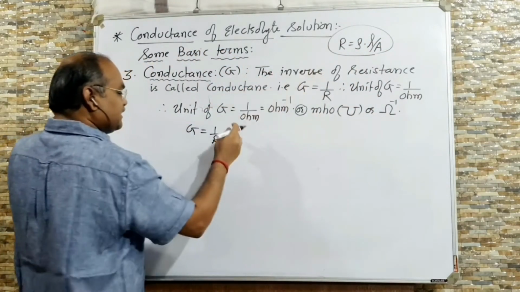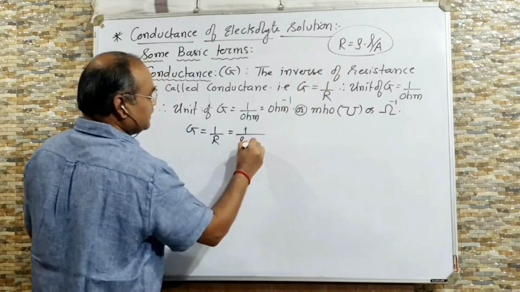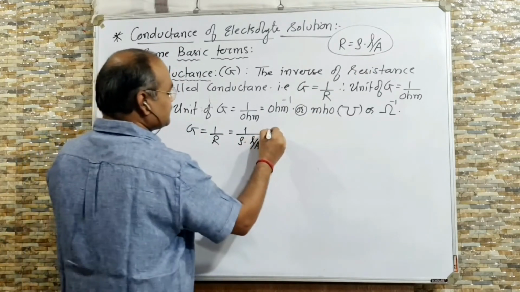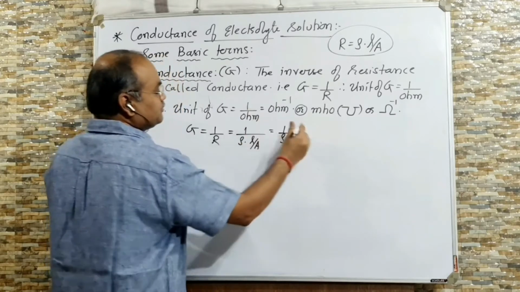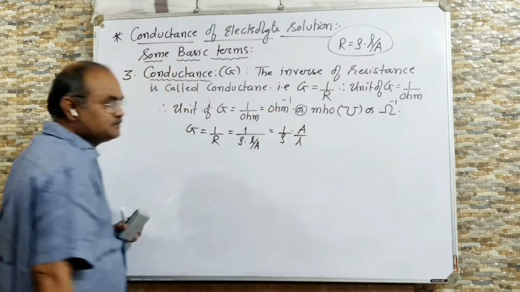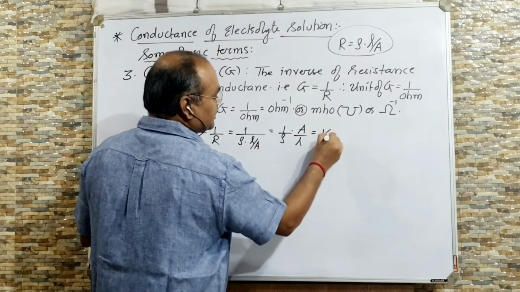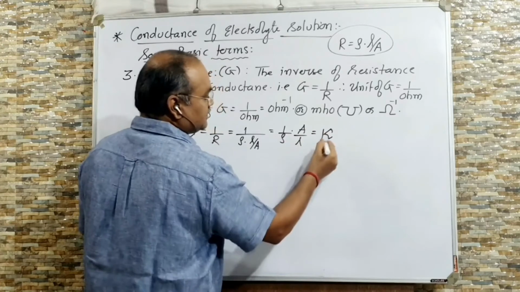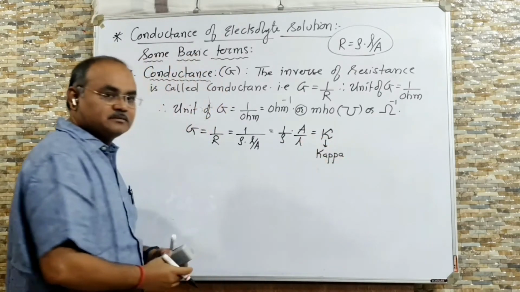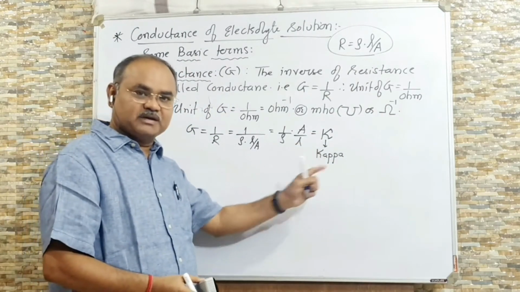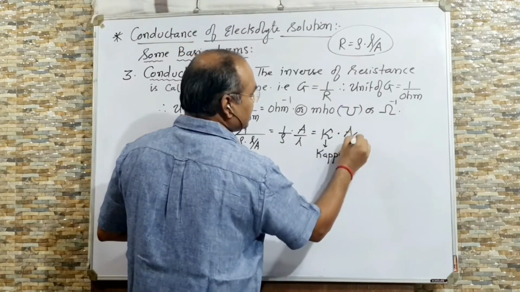So from that I will take it here, 1 by rho into L divided by A. So this will be equal to 1 by rho into A by L. So this 1 by rho is called kappa, a Greek word, right?